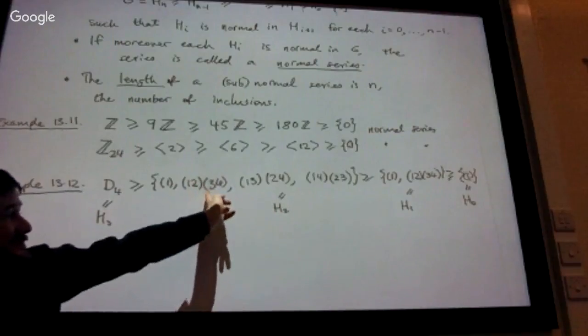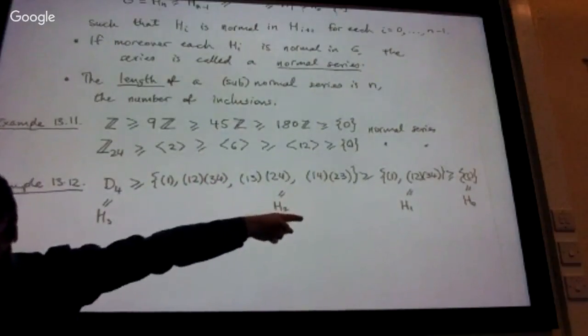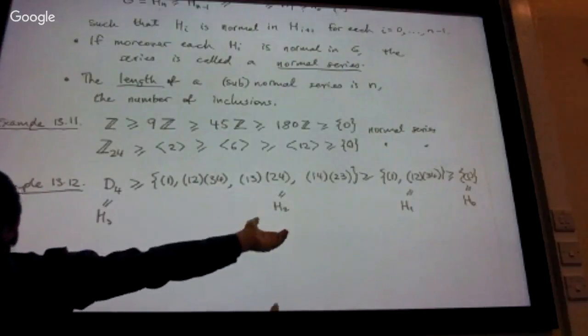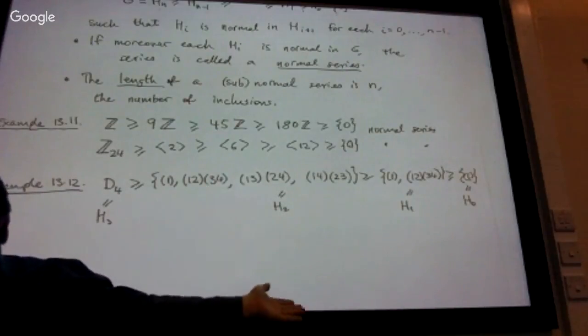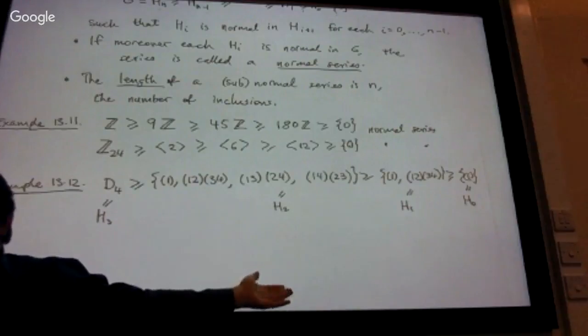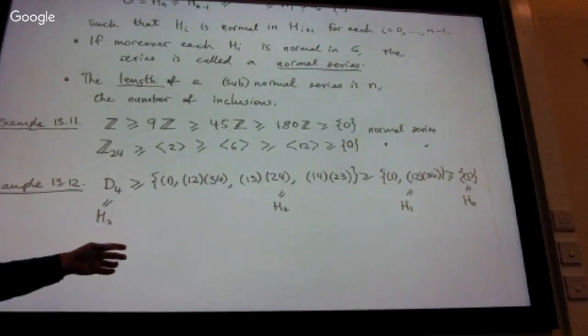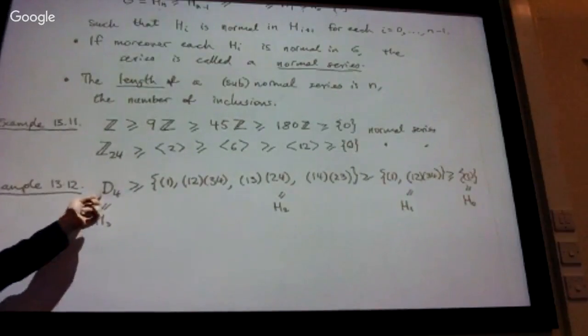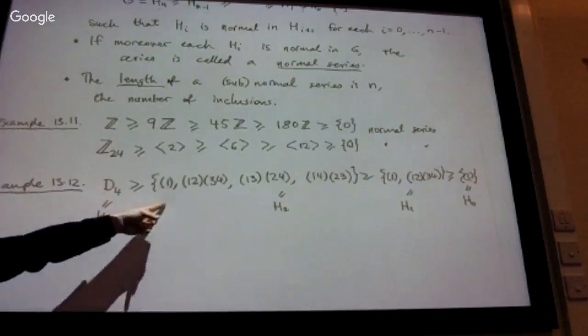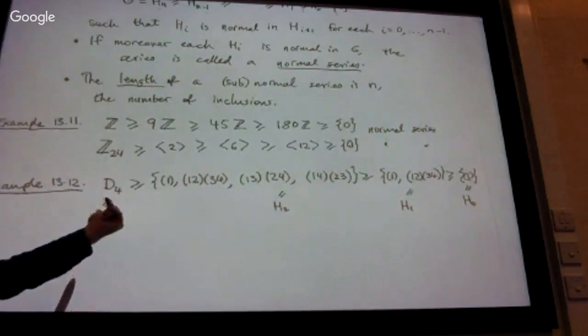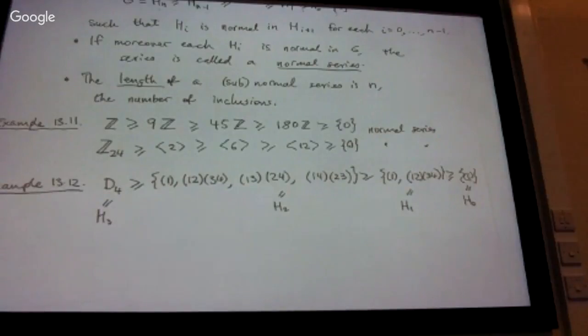As long as the order of this one is twice the order of that one, a subgroup of index 2 is always normal in the other group. The same here: it has 8 elements, there's 4, so it's index 2 as well. So they're all normal in the next one.